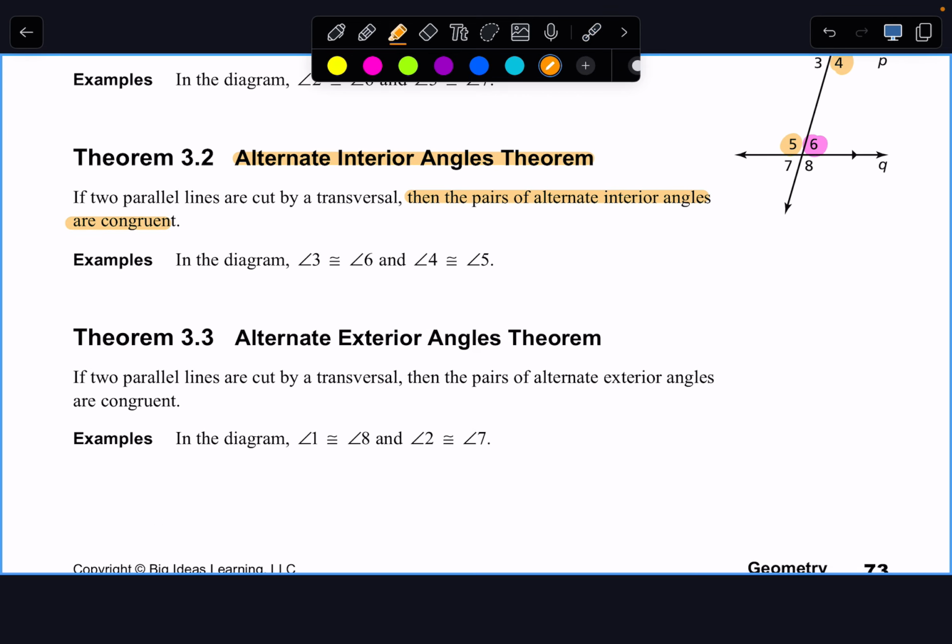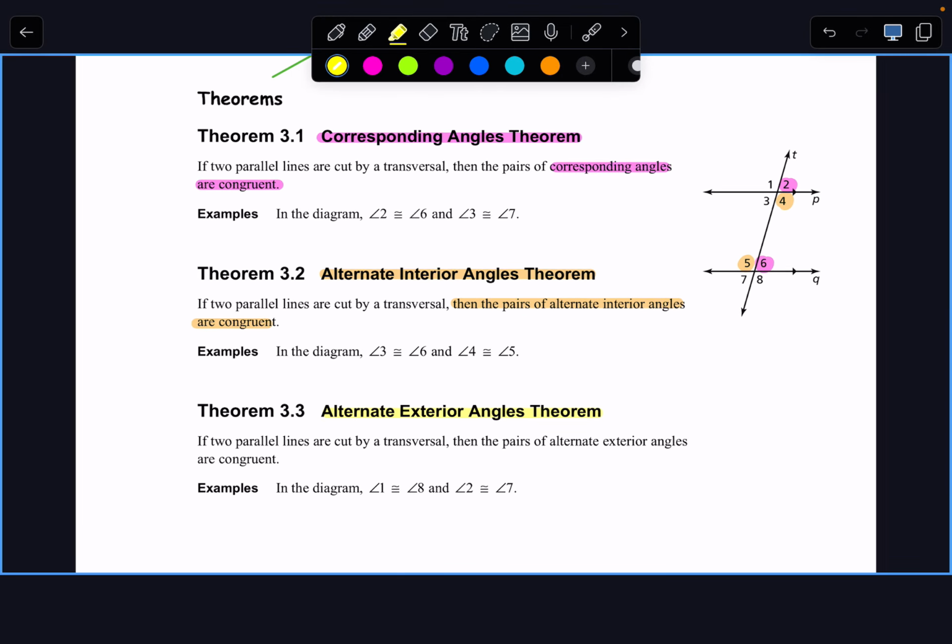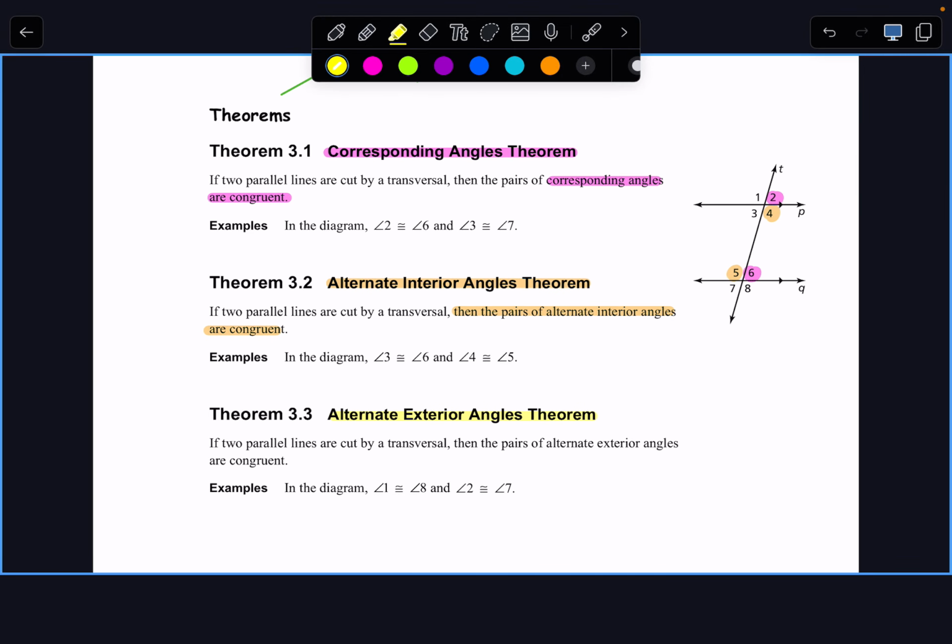Next, we have the alternate exterior angles theorem. If we have 2 parallel lines cut by a transversal, then our alternate exterior angles are congruent. Okay, so we have two pairs here. We have a set of parallel lines cut by a transversal.